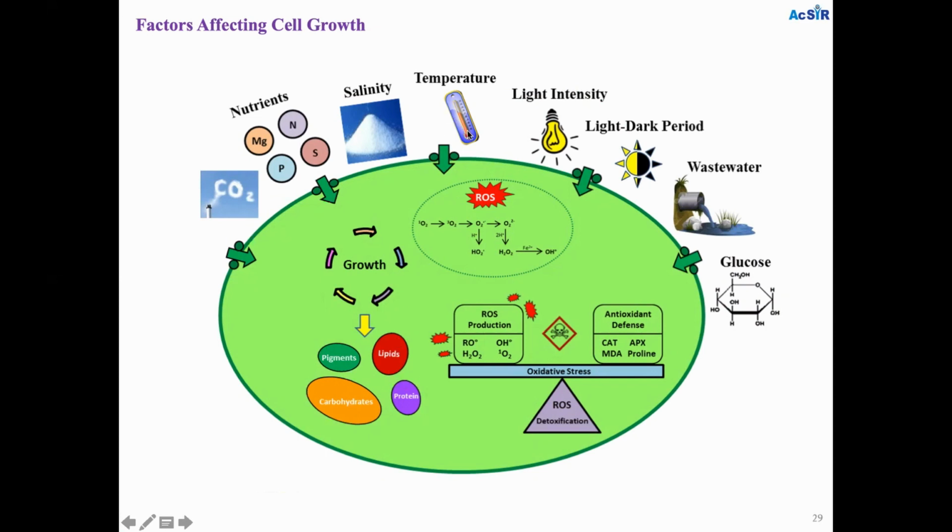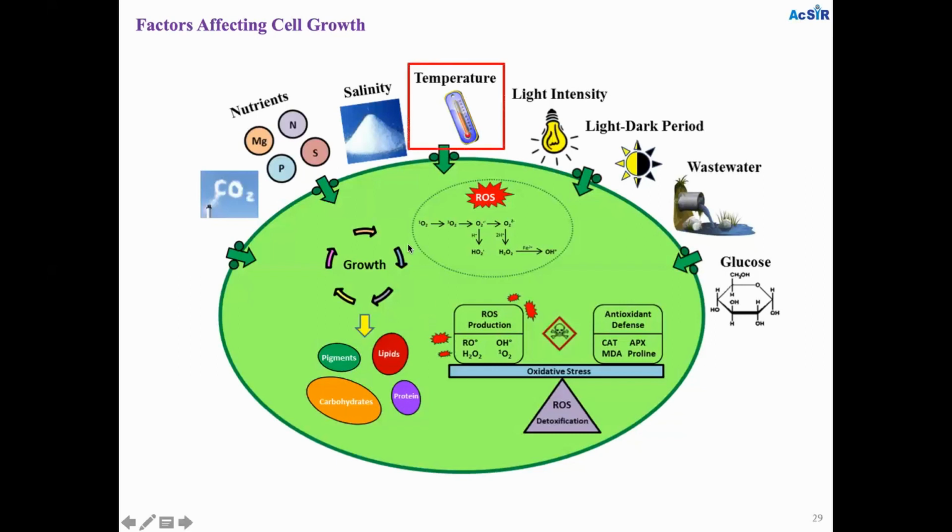And as I discussed earlier, any fluctuation in the optimum conditions in the cell leads to generation of these reactive oxygen species. Generally, there is a balance between reactive oxygen species production and reactive oxygen species scavenging. But once this balance is impaired, the condition leads to oxidative stress, and then it can also kill the cell.